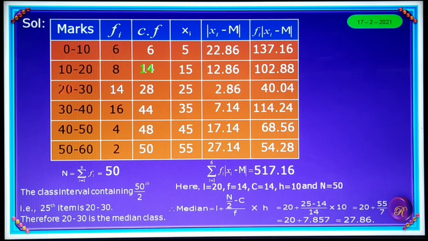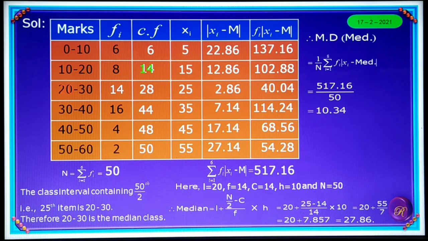Therefore, mean deviation about median is equal to 1 by n into summation of fi into absolute values of xi minus M, or median, is equal to 517.16 divided by 50. Yes, what is the simplification? That is 10.34.